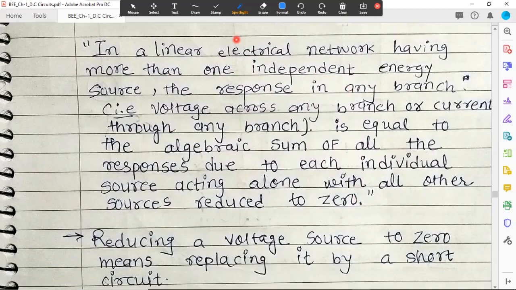Again, I repeat the statement of superposition theorem. So in any linear network having more than one independent energy source, the response in any branch is equal to the algebraic sum of all the responses due to each individual source acting alone with all other sources reduced to zero.